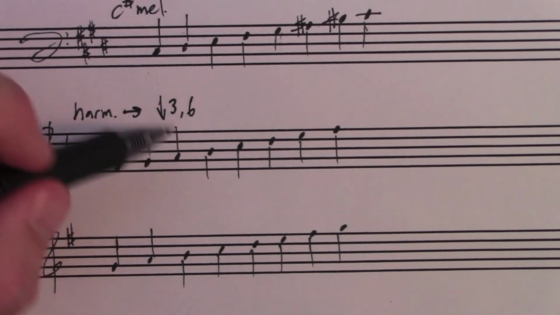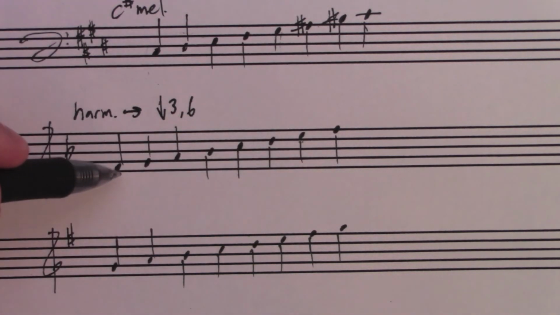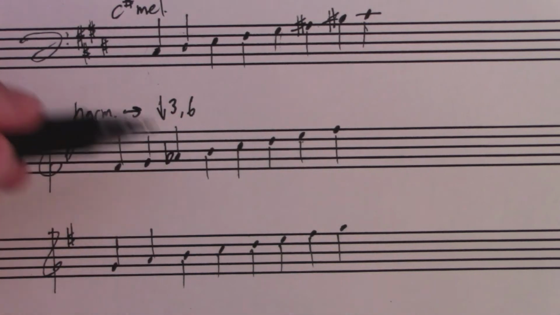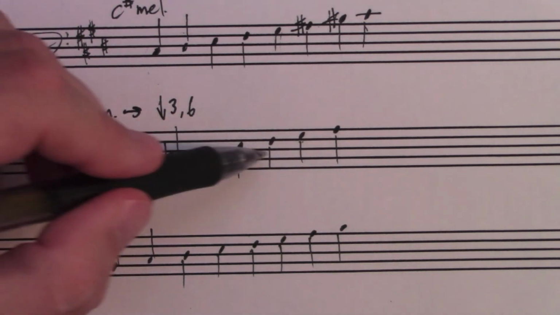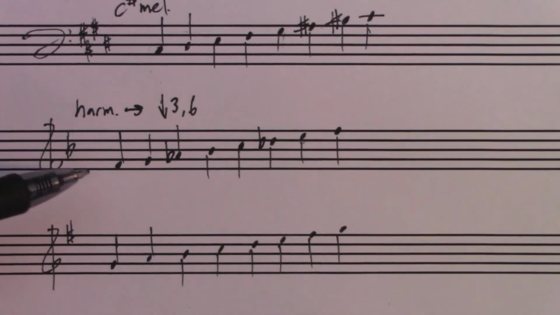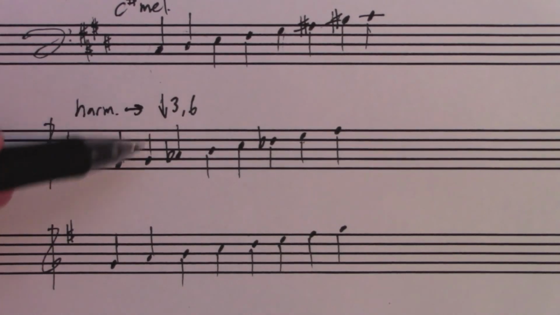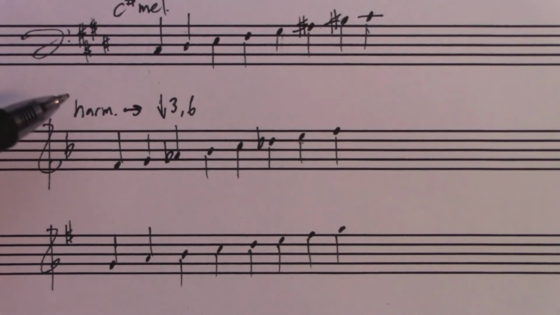You will leave 7 the way it is because that is already a leading tone. So 1, 2, 3 is a flat. 4, 5, 6 is a flat, and that is harmonic minor. Coming from major, to make a harmonic minor scale out of a major scale, you lower 3 and 6.